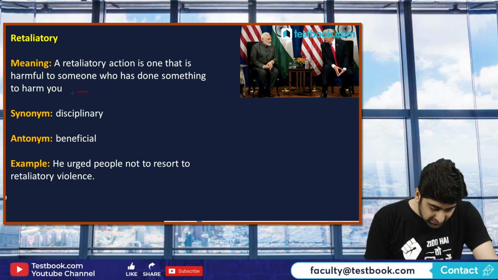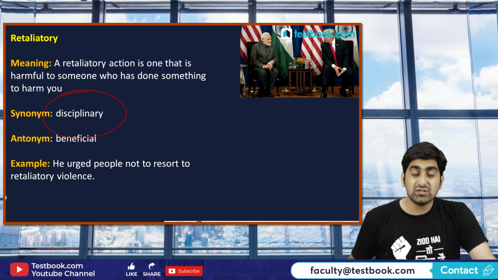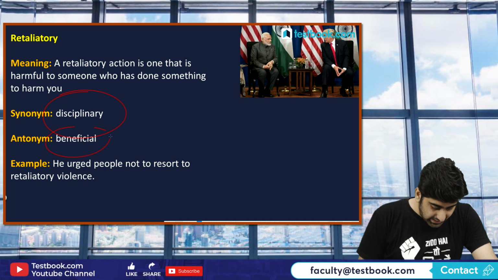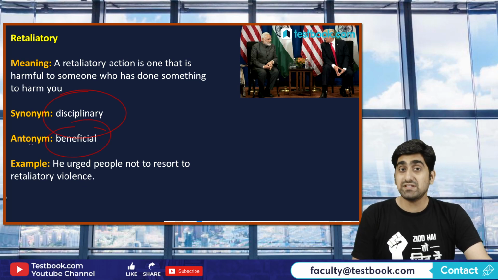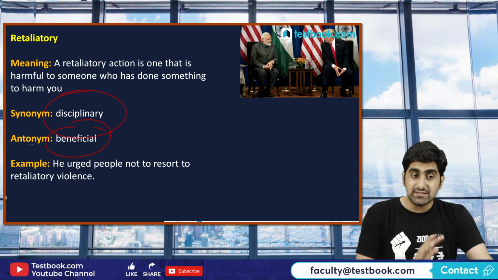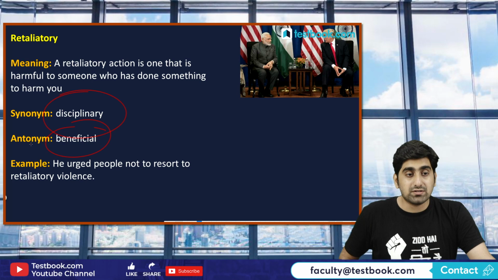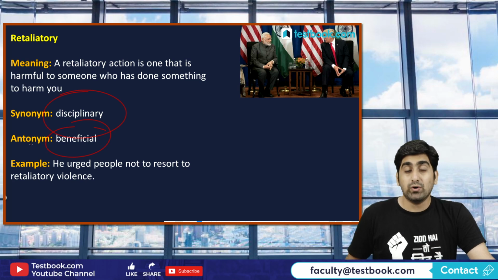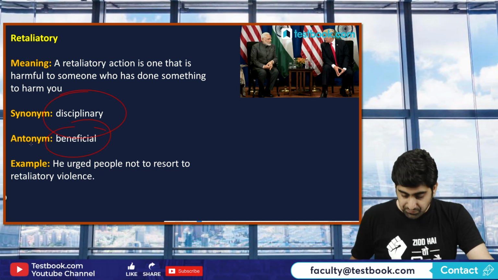So synonyms can be disciplinary, यानी किसी को नुकसान पहुंचाना, and antonym will be beneficial, फायदा पहुंचाना. Example sentence says he urged people not to resort to retaliatory violence. I mean, जिसे आप बदले की भावना से देखते हैं.